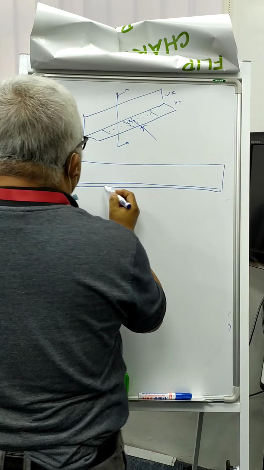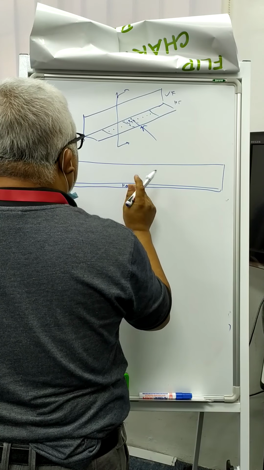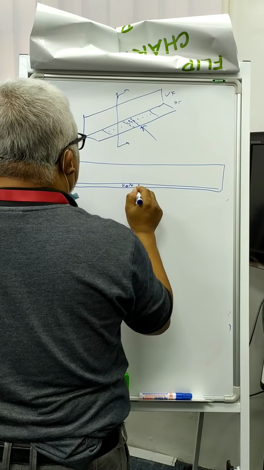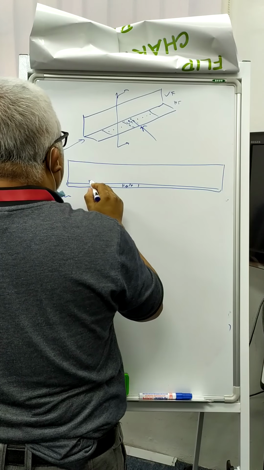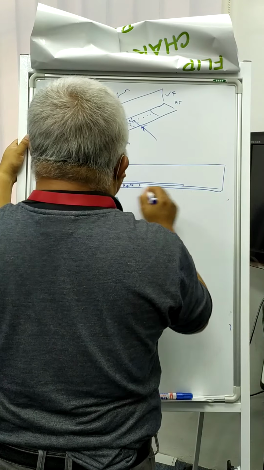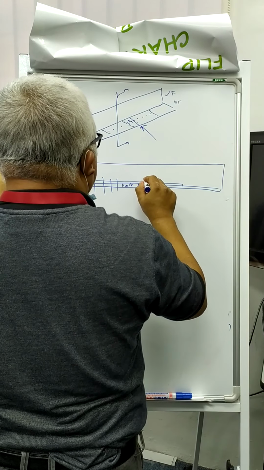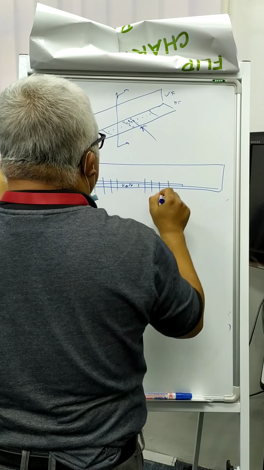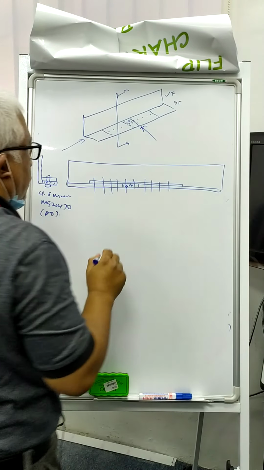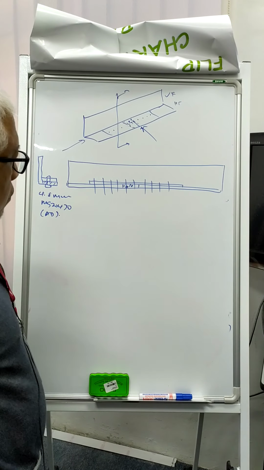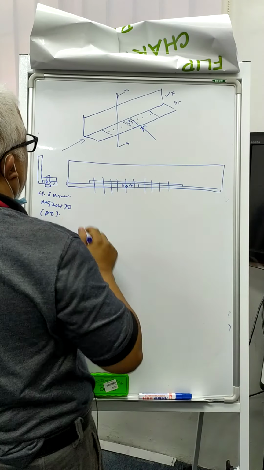So here what we do, we have cut, okay, let's draw a bit bigger, and we have installed the doubler, 4 rivets, 1, 2, 3, 4 rivets, and we may have 2 rivets here on the filler. Okay, what will be the potential failure?